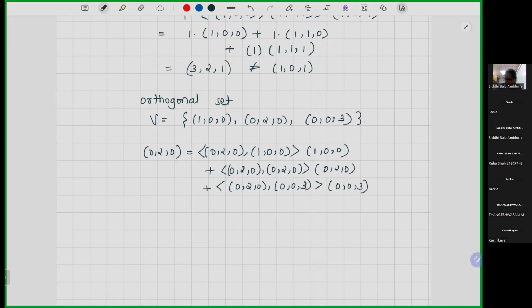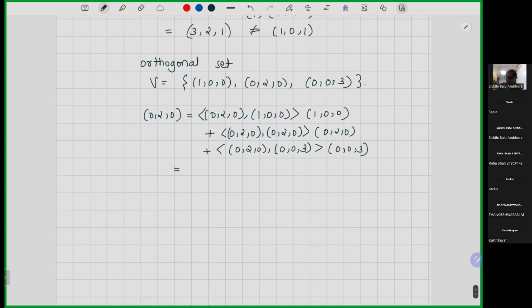Now the first one becomes 0, and the third one also becomes 0. For the second one, the inner product is 4, times (0, 2, 0), which is (0, 8, 0), which is definitely not equal to (0, 2, 0), right?